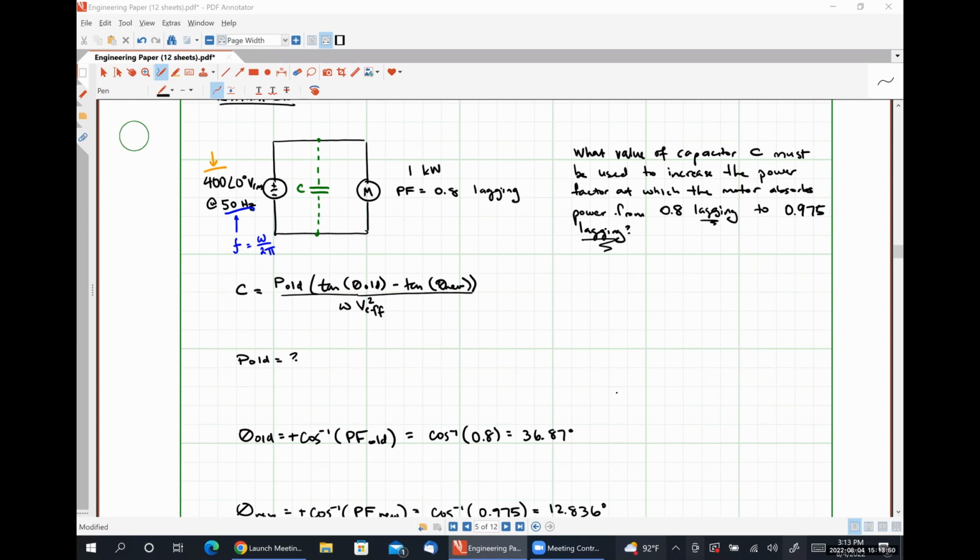Now, does the 1 kilowatt represent average power, apparent power, or reactive power based on the units? Average power. So that means P old is just 1 kilowatt. We now have everything that we need to plug into the equation. And if we put those numbers in that we've developed, we would find that C is equal to 10.387 microfarads.